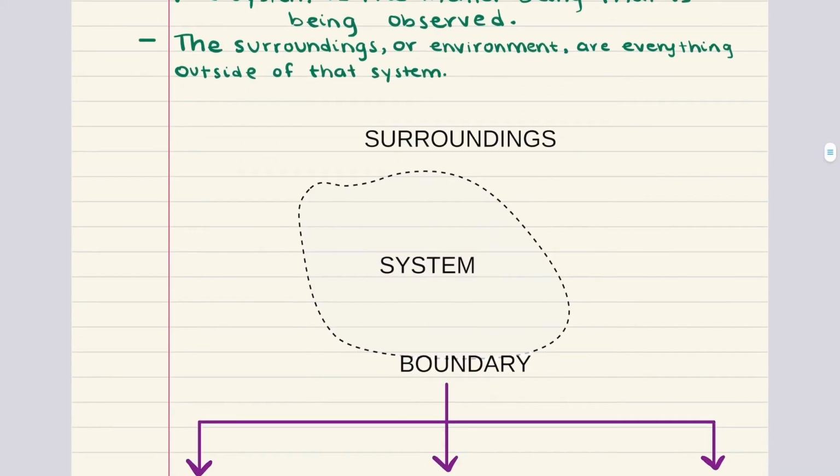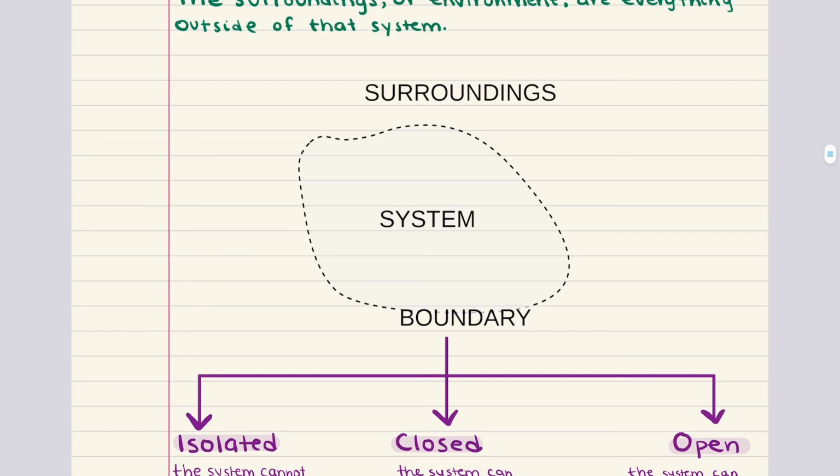For example, if we're analyzing a chemical reaction, we can define the system as the reactants and products involved in the reaction, and then we can define the surroundings as everything else, including the reaction container, the air in the room, or anything external to the chemical reaction itself.